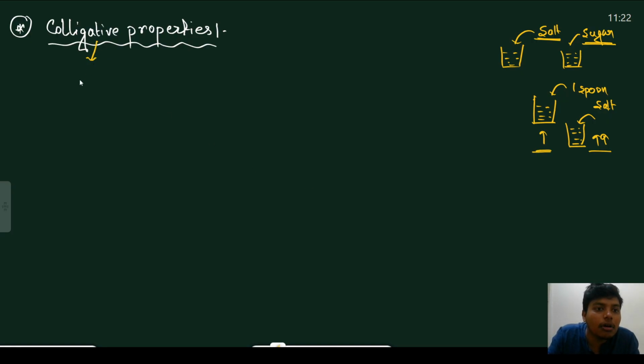Colligative means depend on numbers. Okay. So what is colligative property?